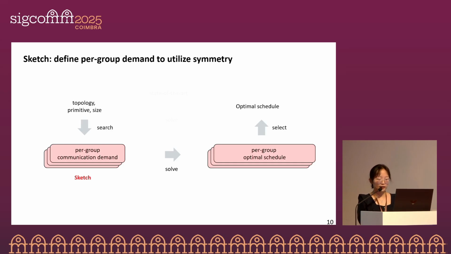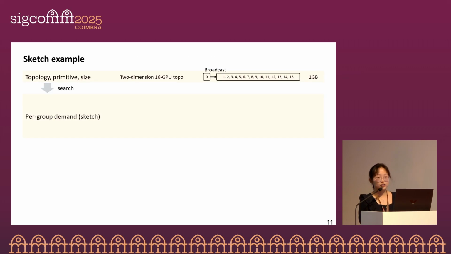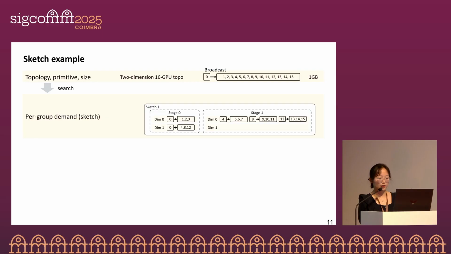Finally, we select the best overall schedule from the synthesized ones. This shows a sketch example. Given the input topology, primitive, and size, we first search the possible per-dimension demands. Here, sketch 1 is an example. In dimension 0, all groups have the same demand. In dimension 1, only one group needs communication.